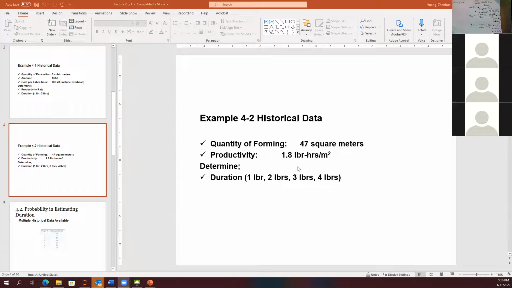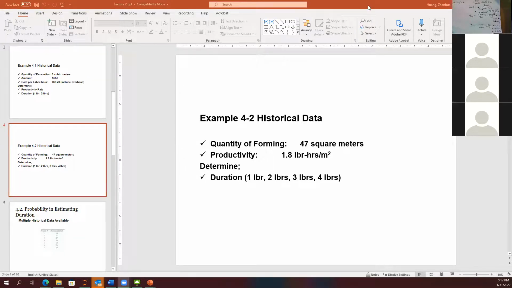The productivity is 1.8 labor hour per square meter. I want to determine the duration. What duration, if I have 1 labor, 2 labor, 3 labor, 4 labors, you can calculate 1 labor first. If you got 1 labor correct, the others are easy. Just divide by 2, divide by 3, divide by 4. So it's easy. So you can calculate what is the duration I should put in the table for this amount of work, this productivity.